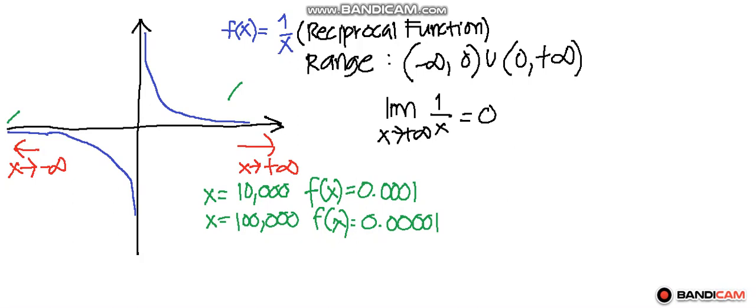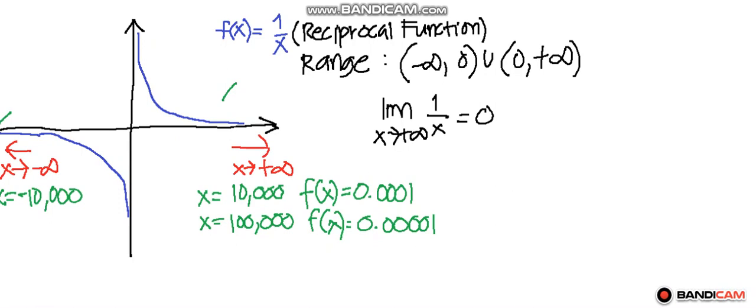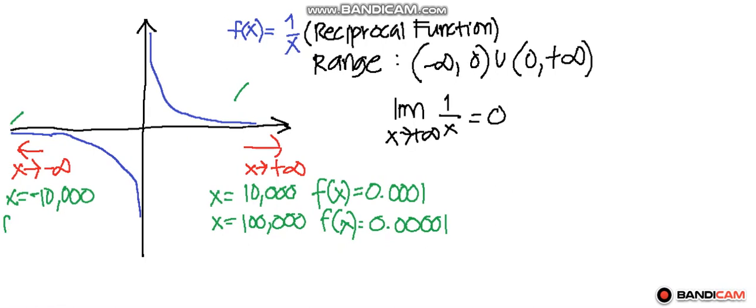For example, if we take value for negative infinity as negative 10,000, then I am sure that the value of f of x is equal to negative 0.0001. Okay, negative 0.0001 is very close to 0. Tama ba? But it is not equal to 0.